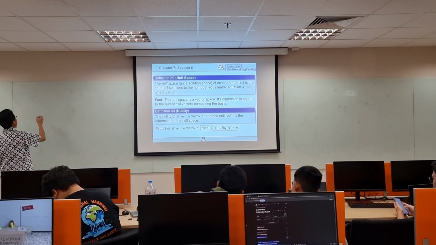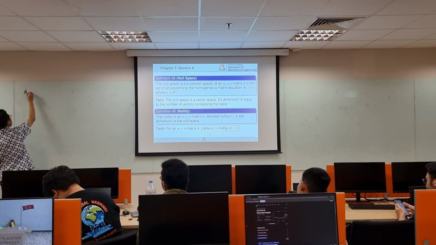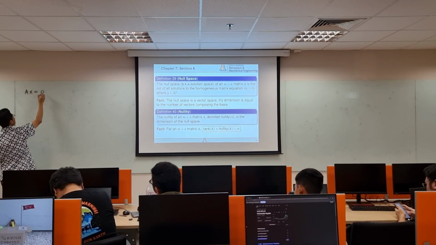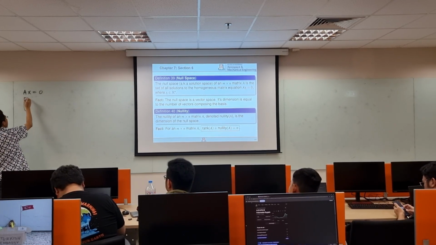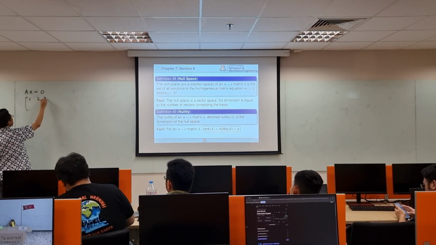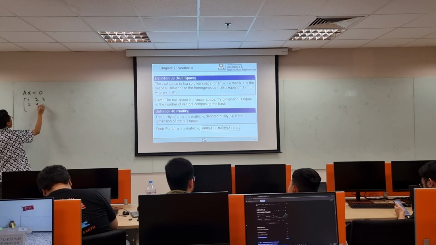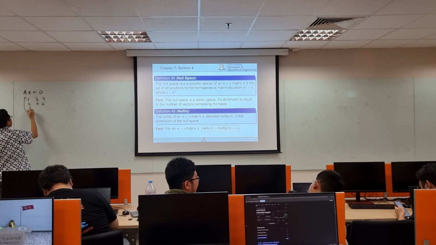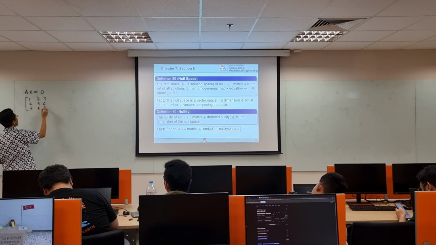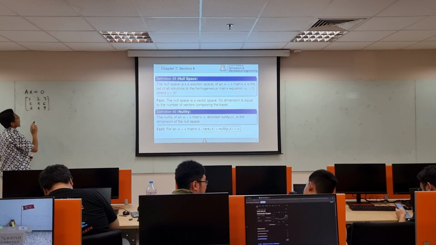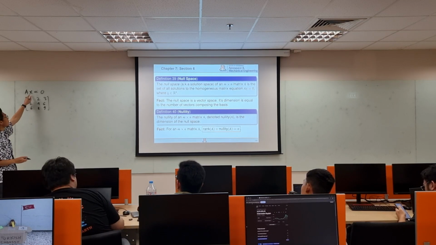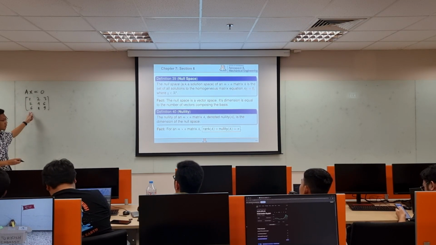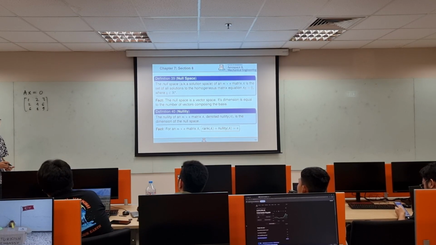Okay, let me give you an example. If we have this equation, Ax equal to 0, and your A is this, what will be the solution space for this problem? If A is this, then how do we get the solution?